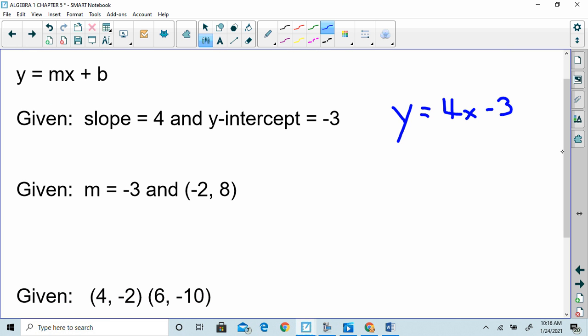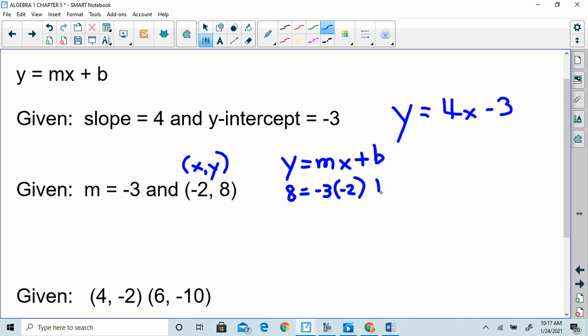We then found that we were sometimes given the slope and a point. This is our x and y coordinate. So we can take that and replace it into the model. So I have 8 is equal to negative 3 times negative 2 plus b, and we're solving for a y-intercept. 8 is equal to 6 plus b.